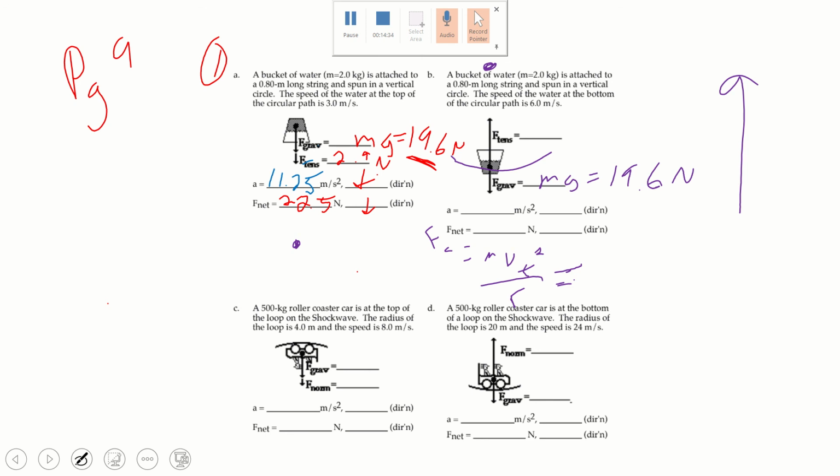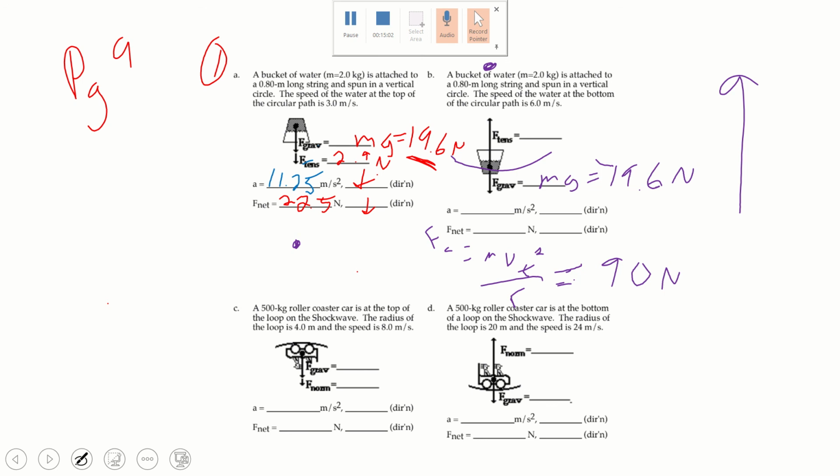It's a lot faster now, and the radius is still 0.8. So 6 squared is 36, times your mass of 2 is 72, and then divide that by your radius, 0.8. That gives us a centripetal force of a very large 90 newtons. We need 90 newtons of centripetal force. And our force of gravity is actually going against that. Okay, that's going in the opposite direction.